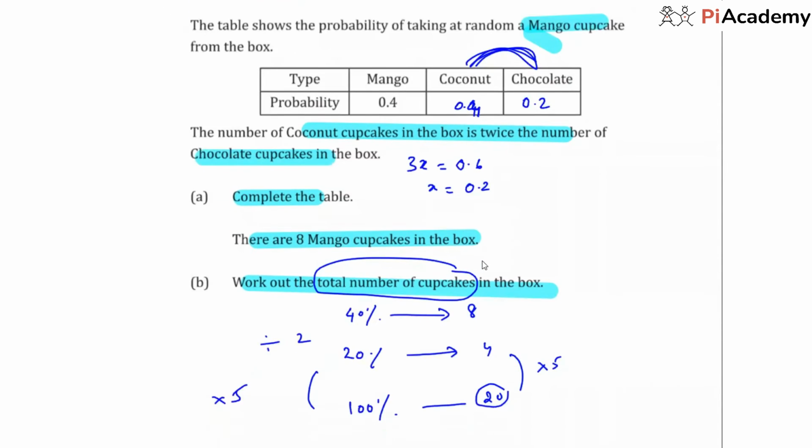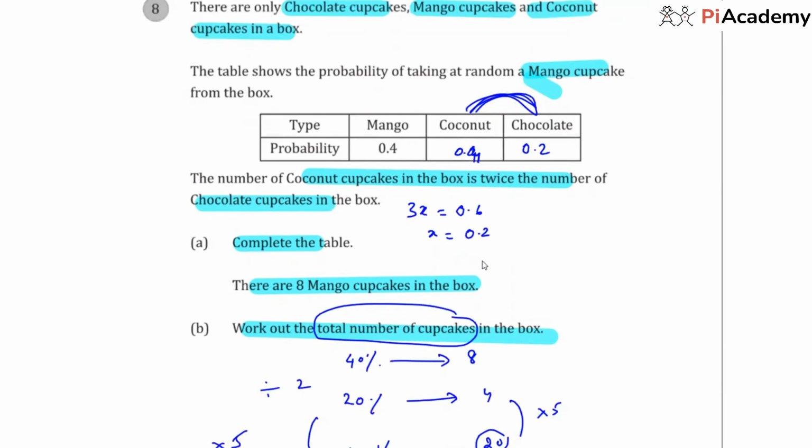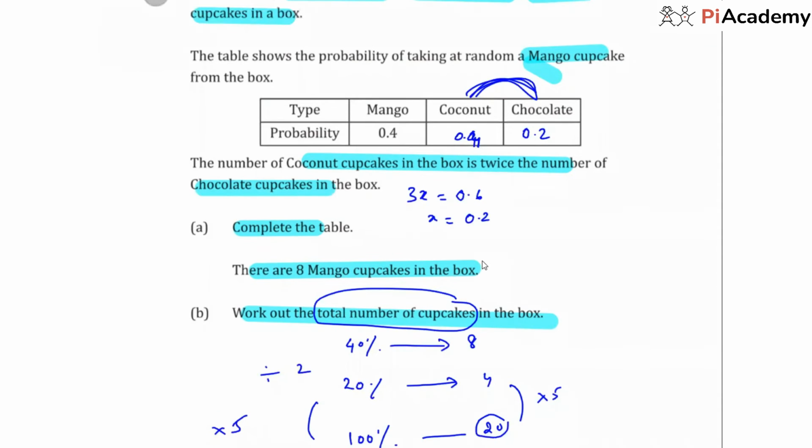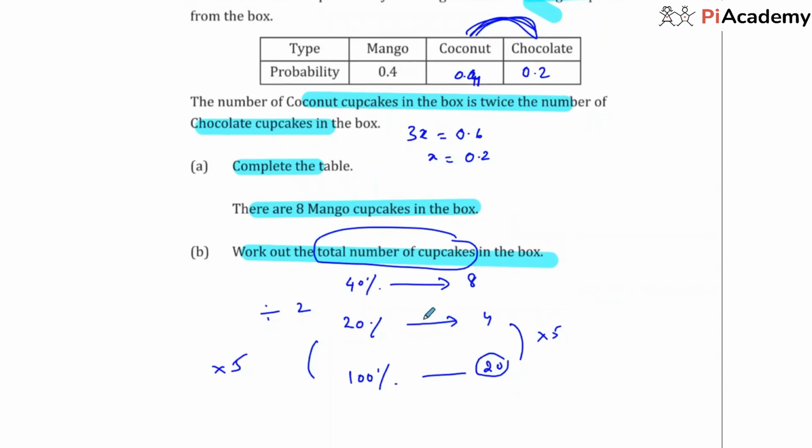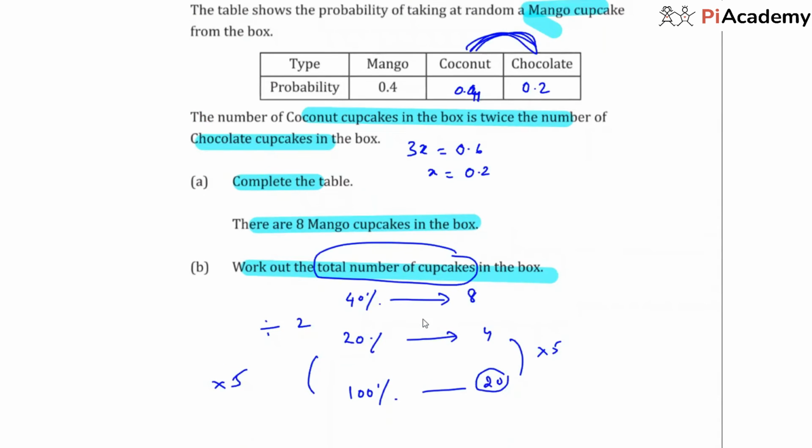So if 20 is the number of mango, coconut, and chocolates, that's the entire thing. But if we minus 8 from 20, we get 12. And since it's 0.2 and 0.2, each would be 6 and 6. So then the number of cupcakes will be 6.